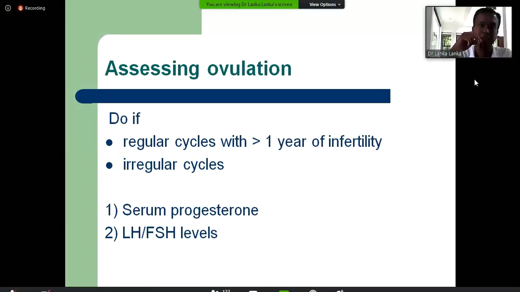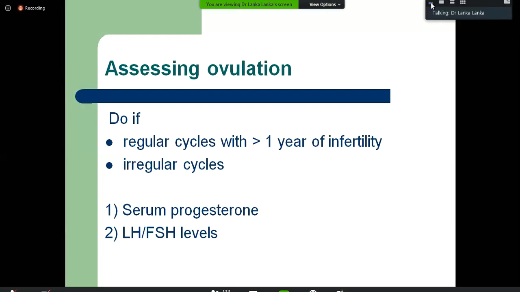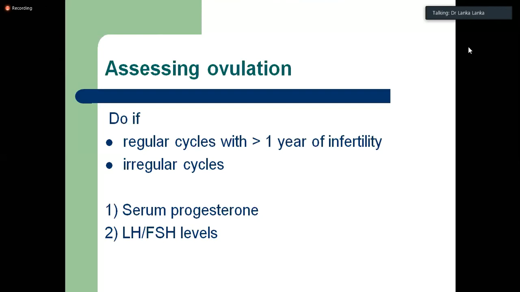Then the other important thing, as I said, is that ovulation is the primary important thing in conception, and how we are going to assess ovulation. There are several ways of assessing ovulation. The first thing is history. If somebody has a regular normal menstrual cycle, that says that woman is ovulating, but not 100%.